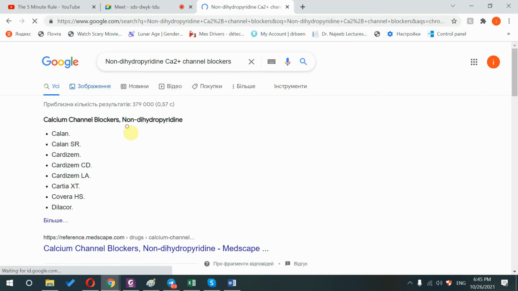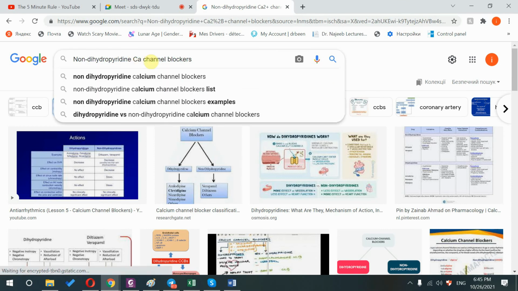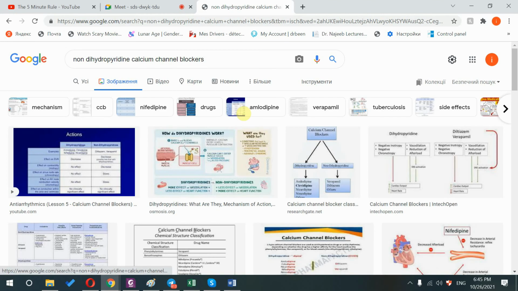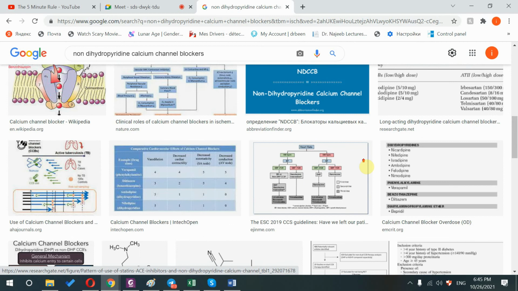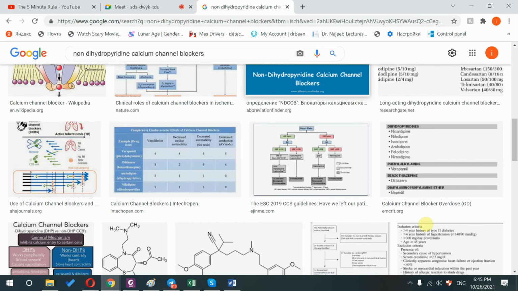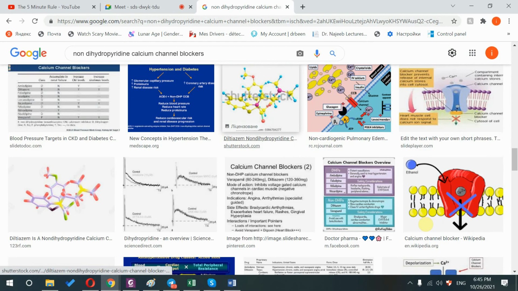In case of the non-dihydropyridine calcium channel blocker, I just want you to know examples of them. So there is verapamil and diltiazem. Remember these two examples. And yes, they basically inhibit the calcium channels and they prevent the process of contraction from happening inside of the heart because less calcium will be there.